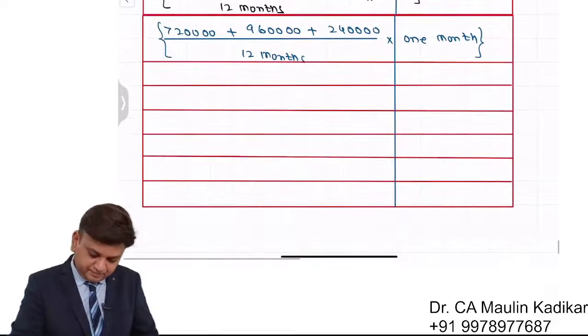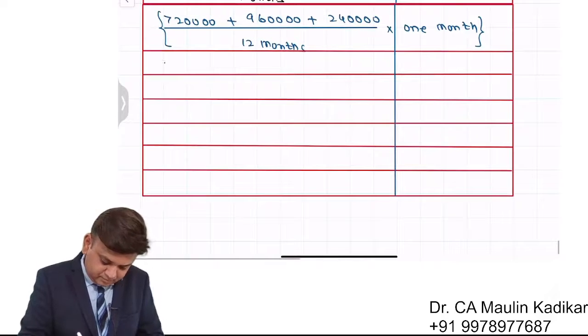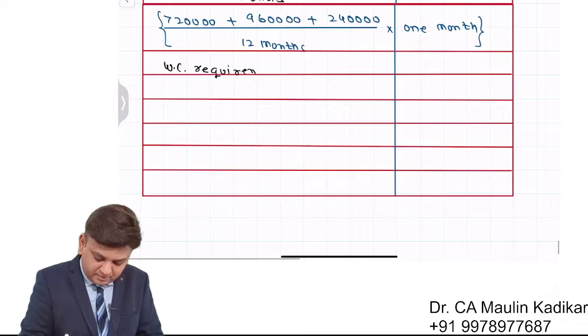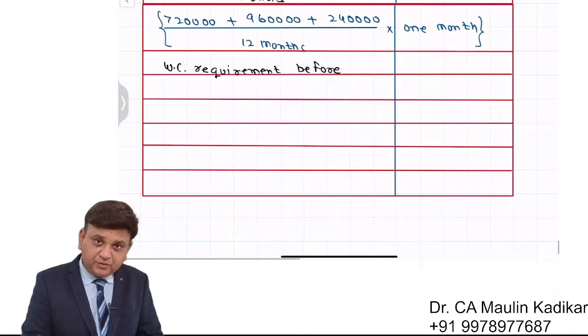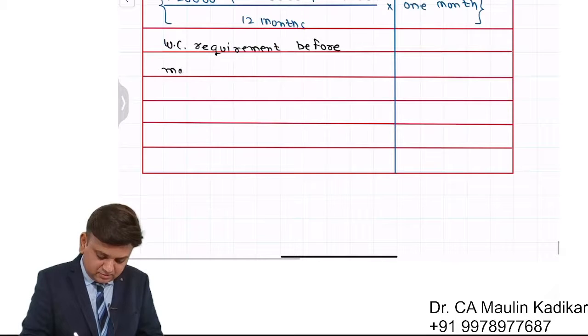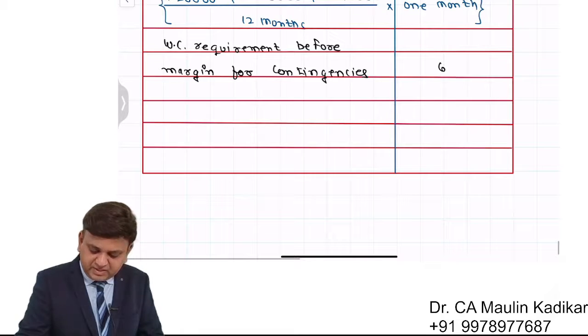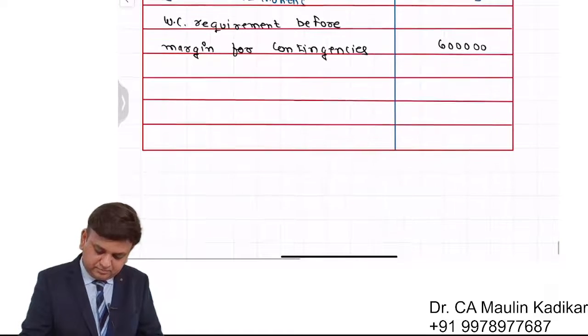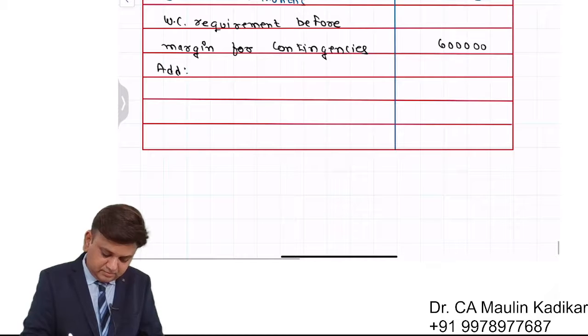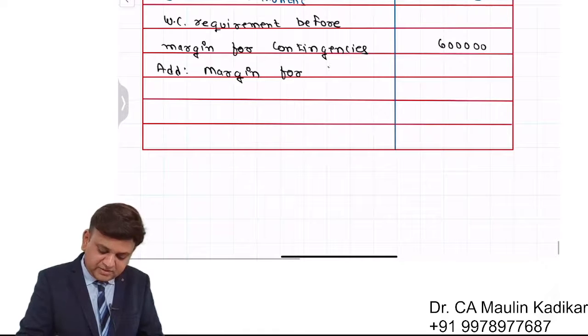So working capital requirement before margin for contingencies is 6 lakhs. Add margin for contingencies.